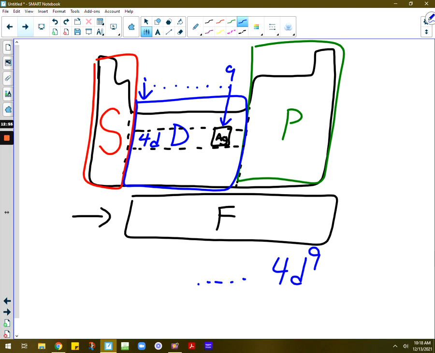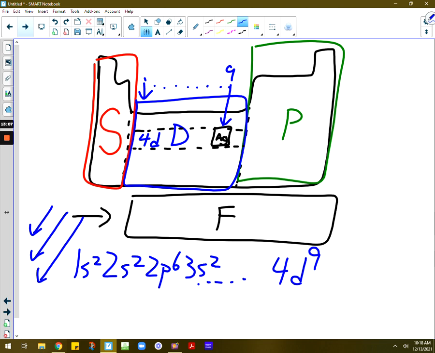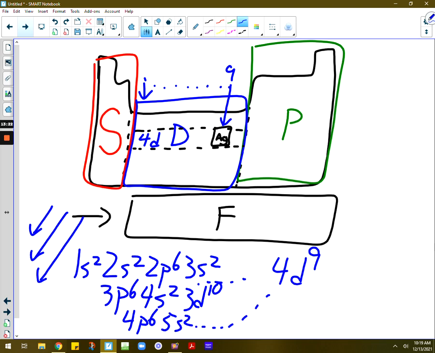And from there, I just use my arrow diagram. Remember this with the 1s and the 2s and all that? So I just go 1s2, 2s2, 2p6, 3s2, 3p6, 4s2, 3d10, 4p6, 5s2, and here it is, 4d9.